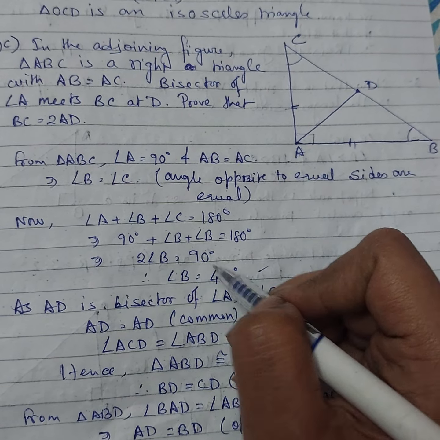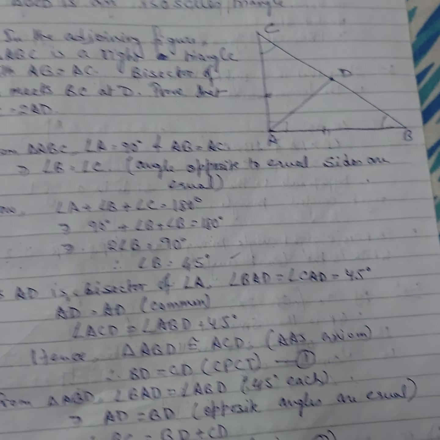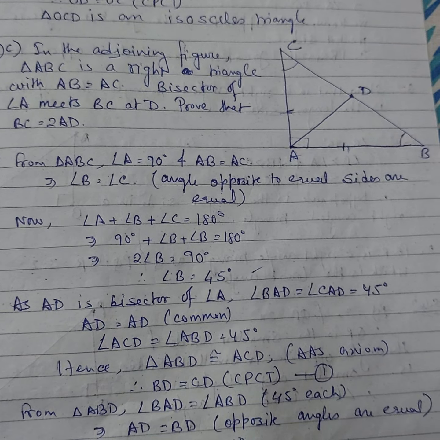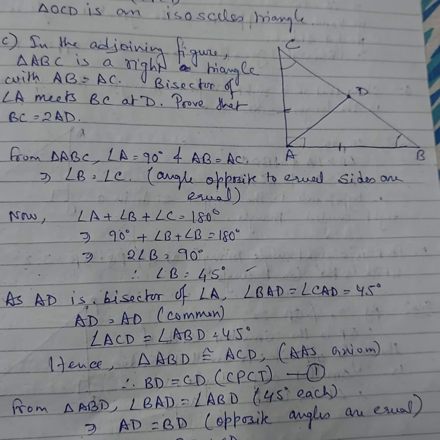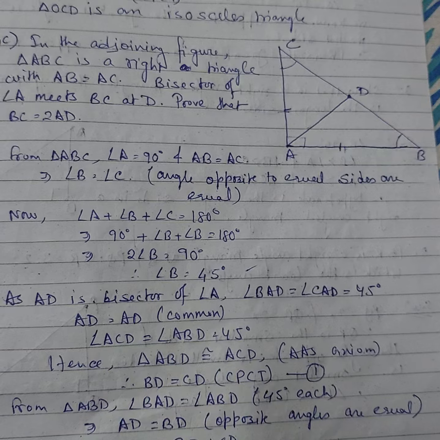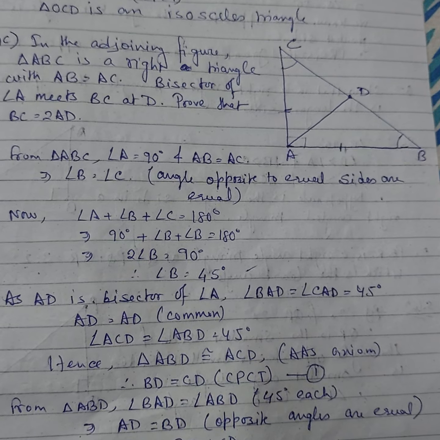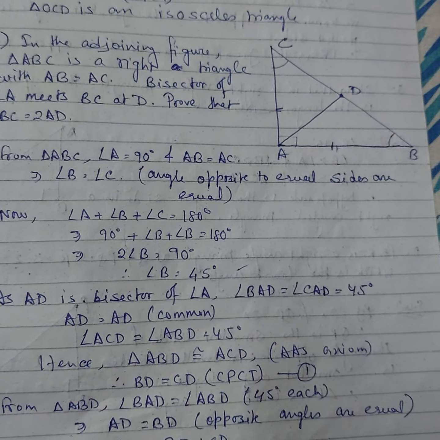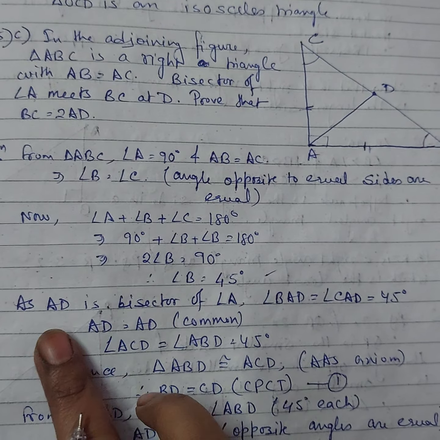So it is obvious that the value of B and C will be 45. I have done the calculation. You can write directly also, because we know that if a triangle is a right angle triangle and two sides are equal, each angle will be 45 degrees, or you can show it.